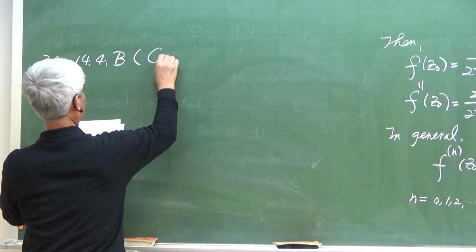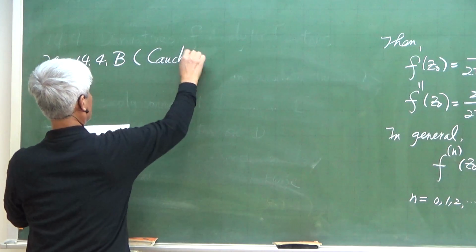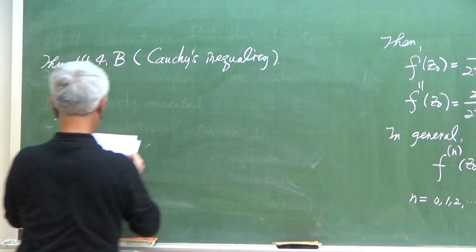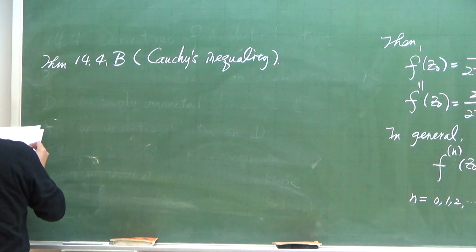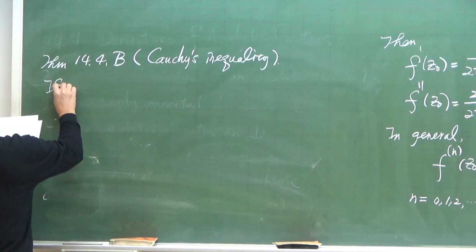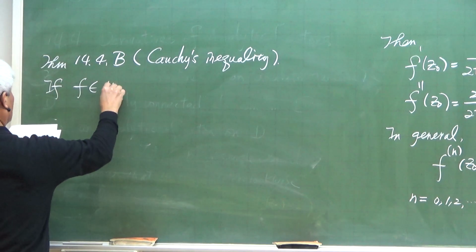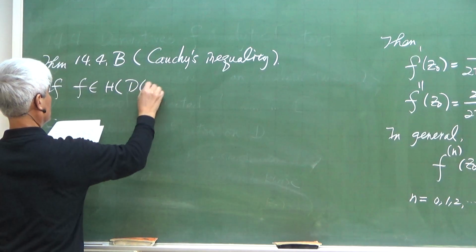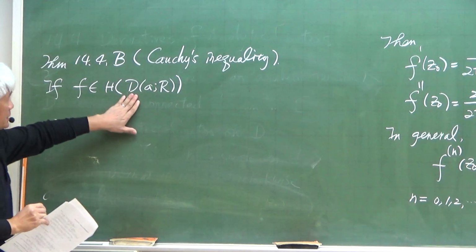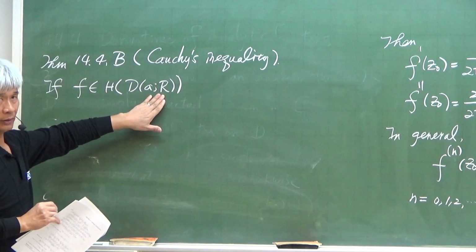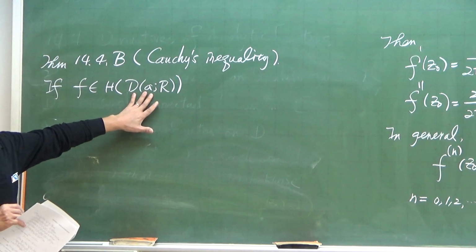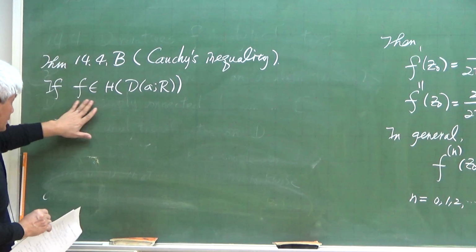So we will develop a coefficient inequality. Suppose we know that f is holomorphic in a disk with center A and radius big R. This disk is a simply connected domain, and f is an analytic function.